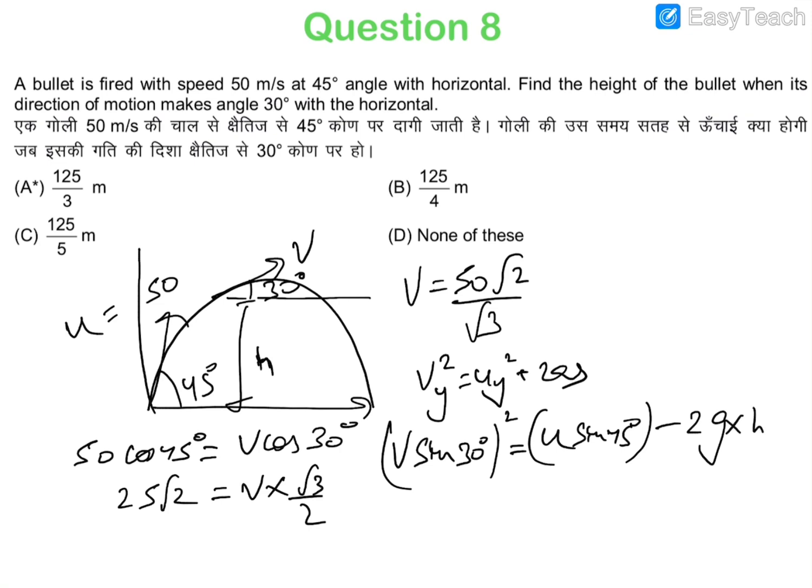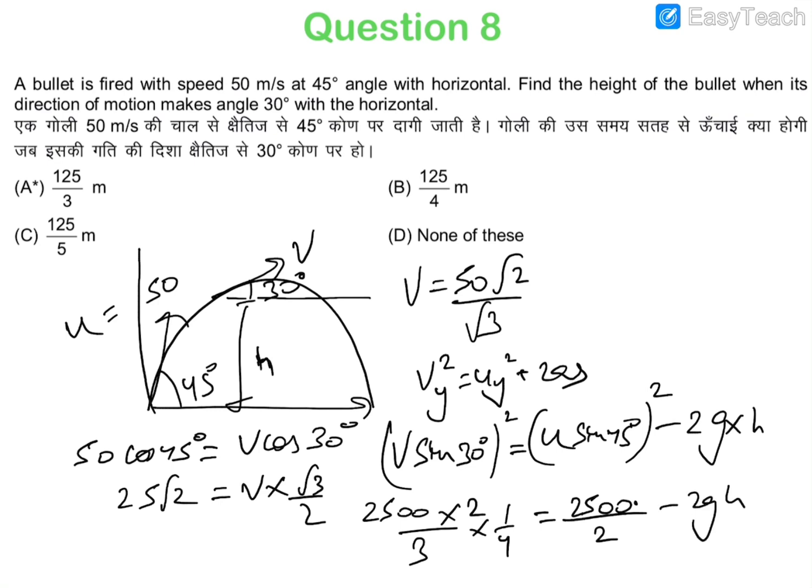So this is v square, and v square is 2500 into 2 by 3. Sine 30 is 1 by 2 and its square is 1 by 4, and u is 50, so this is 2500 upon 2, because sine 45 is 1 by root 2 and its square, so minus 2gh.